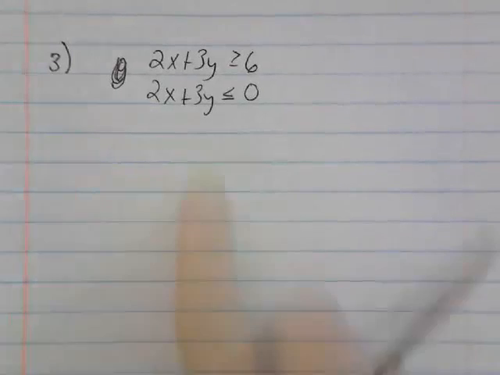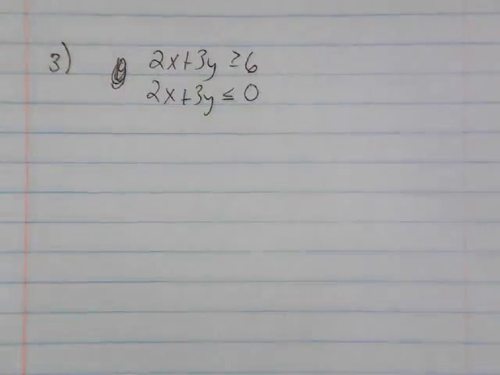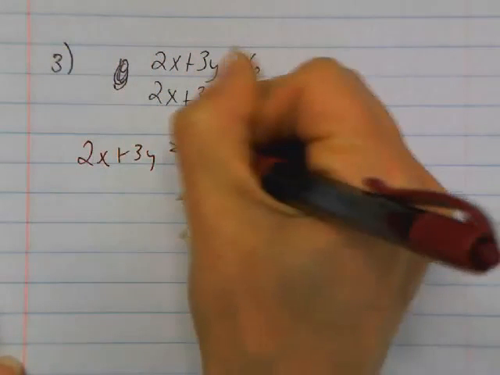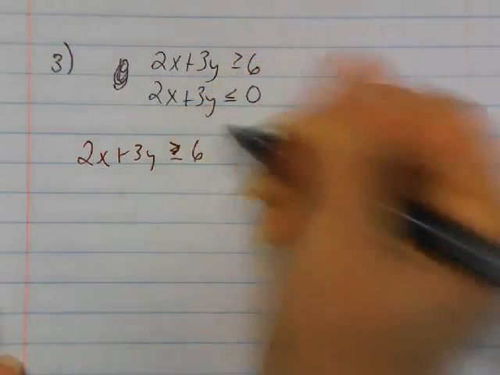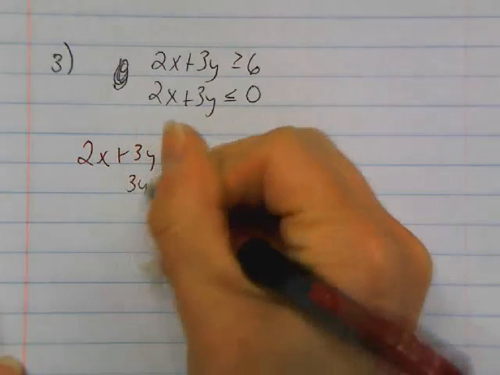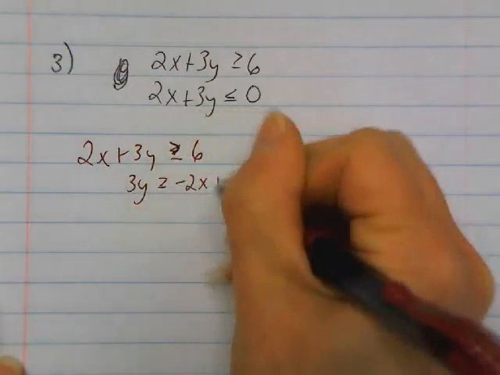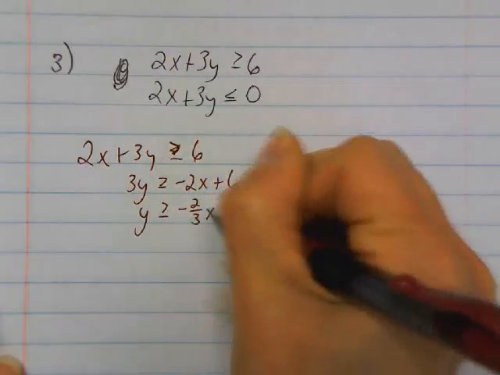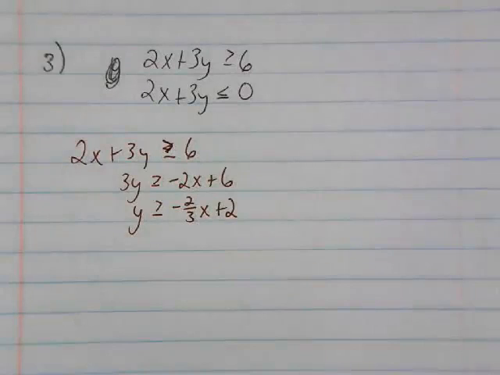Alright, let's go ahead and separate them. So I have 2x plus 3y is greater than or equal to 6. So I get 3y is greater than or equal to -2x plus 6. So y is greater than or equal to -2/3 x plus 2. Okay, let's graph it.